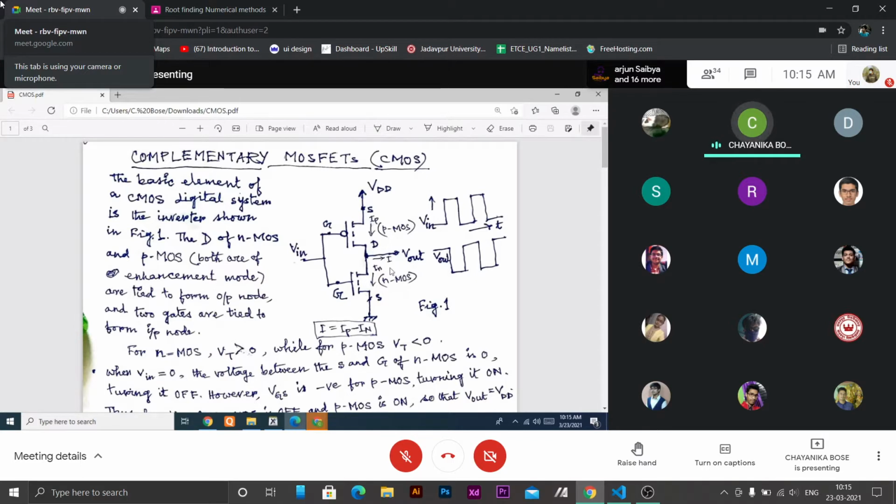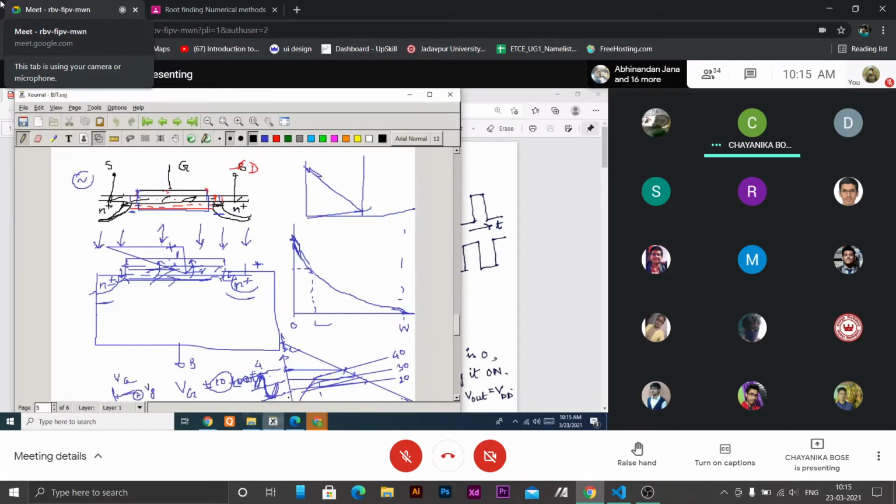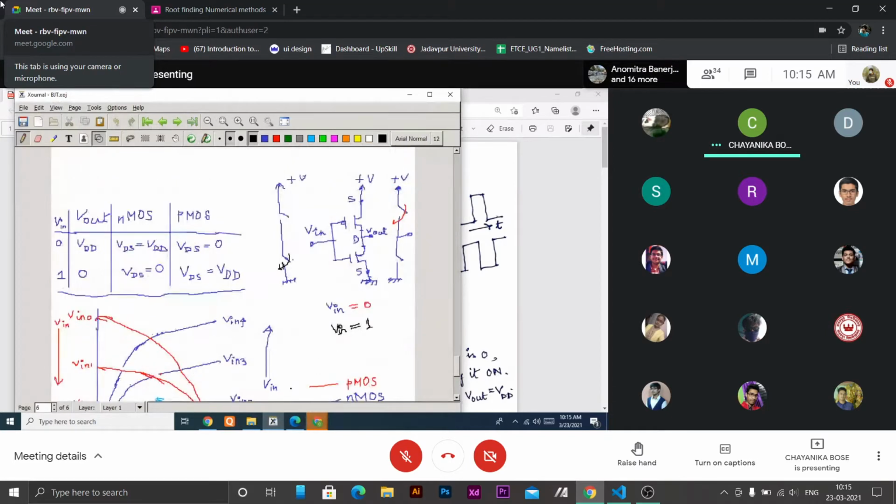And it is off, so this is out of this circuit. This one is the CMOS inverter. So when it is 0, then the switch is open, and the other conducts, so it is on.